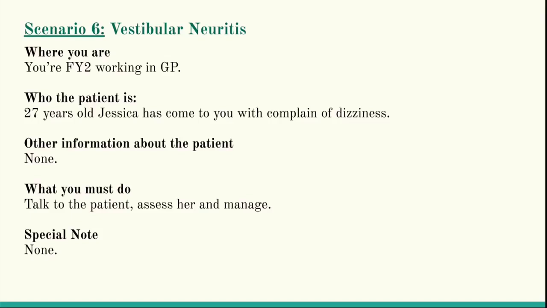Very rarely, the patient can have tinnitus as well. In vestibular neuritis, the patient will not have any hearing loss, whereas in acute labyrinthitis, the labyrinths are affected, so the patient will have hearing loss. In both these situations, all the other symptoms are going to be the same.